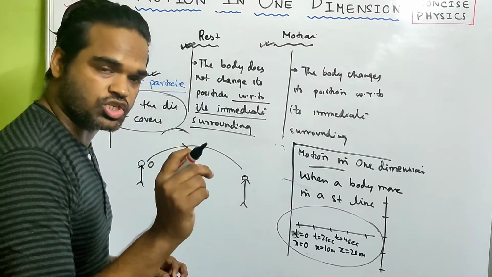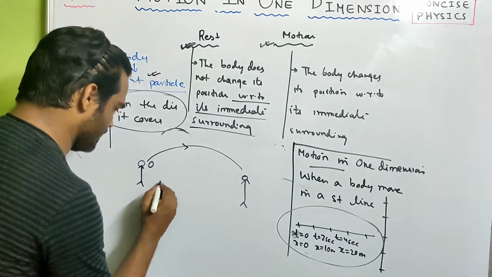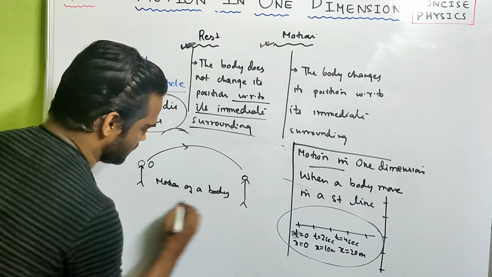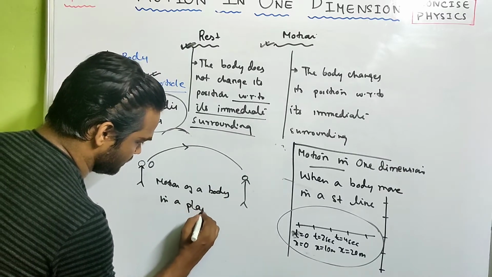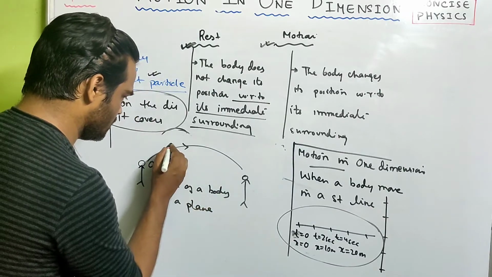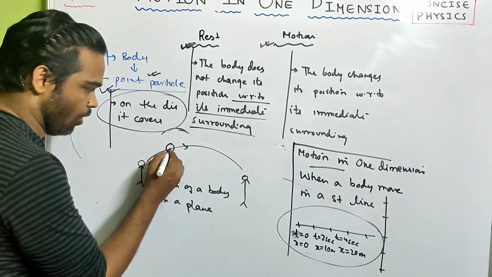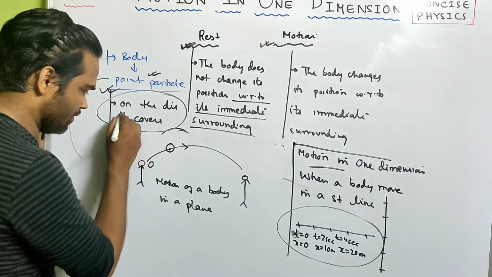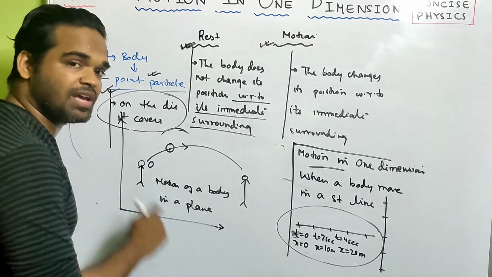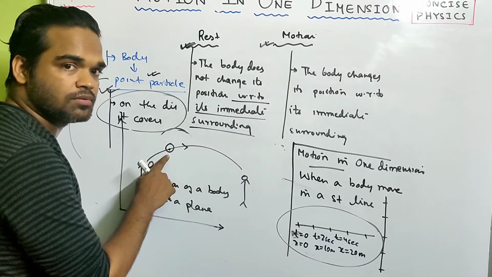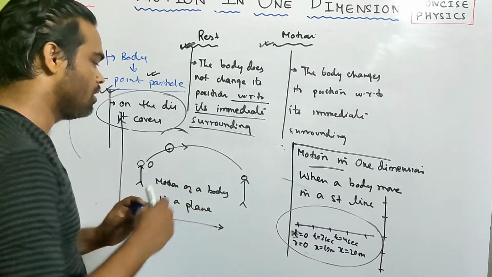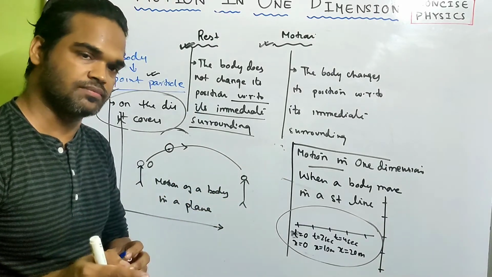Now, the motion of a body in a plane is motion in 2 dimension, because the position of the ball can be represented with the help of the x-axis as well as the y-axis. You need both the axes to represent its position or its motion. That is motion in 2 dimension.